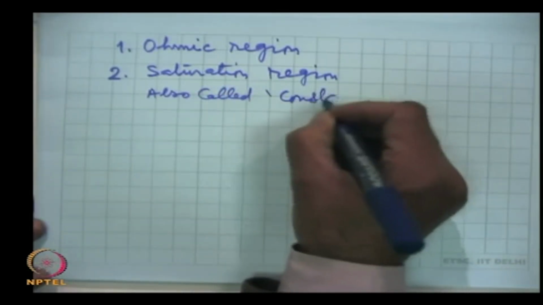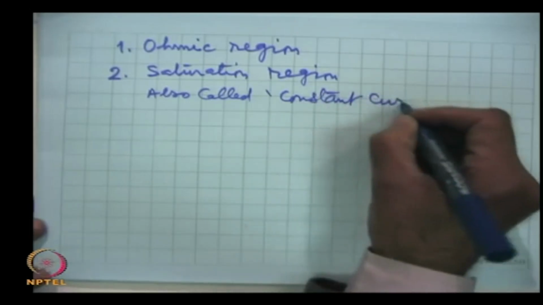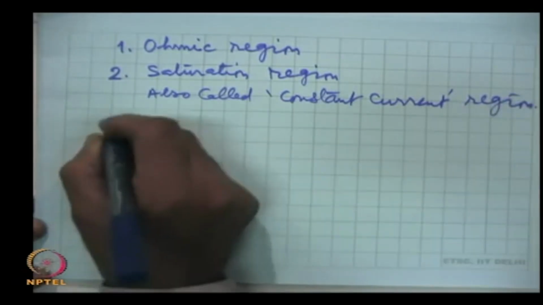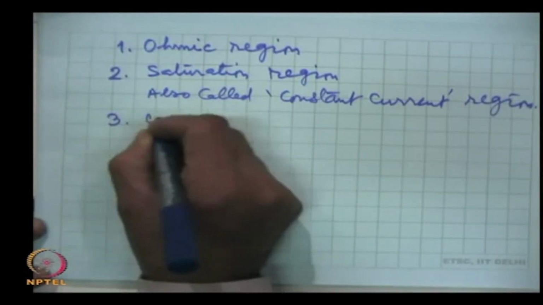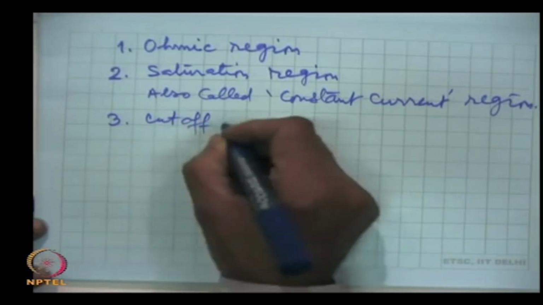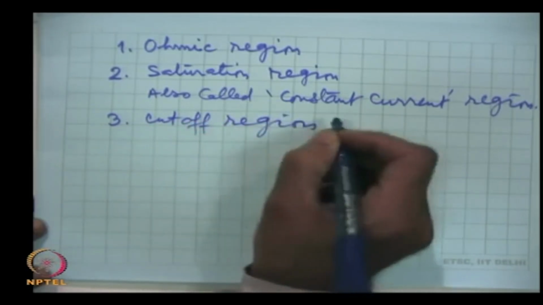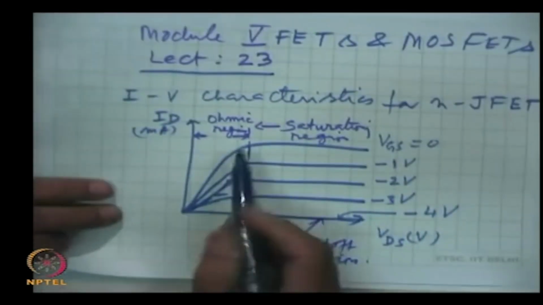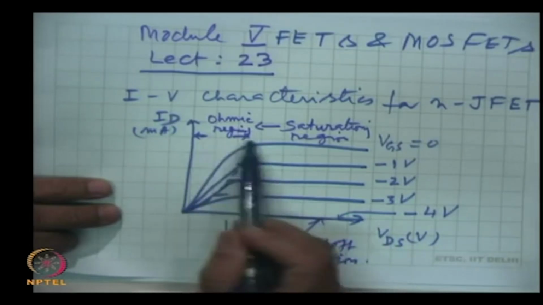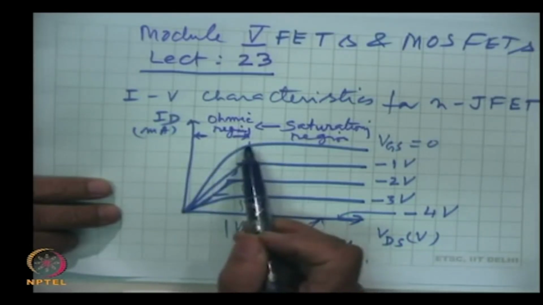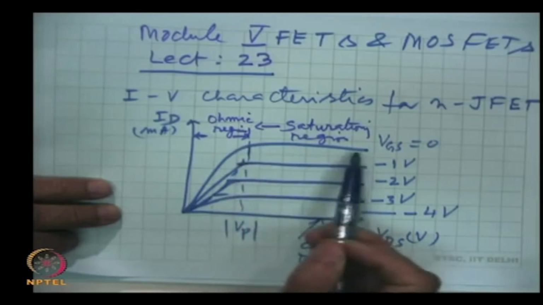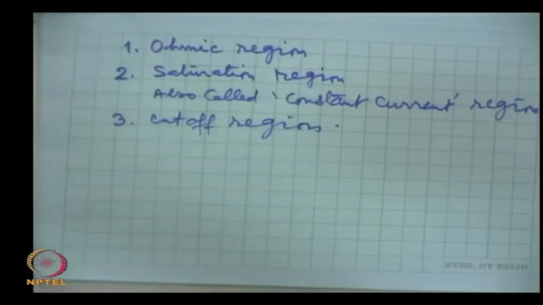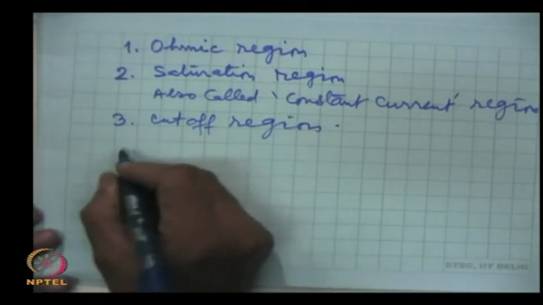And third is the cutoff region. These are the 3 regions. The region before the current starts saturating is called the ohmic region. So, first we take the ohmic region.